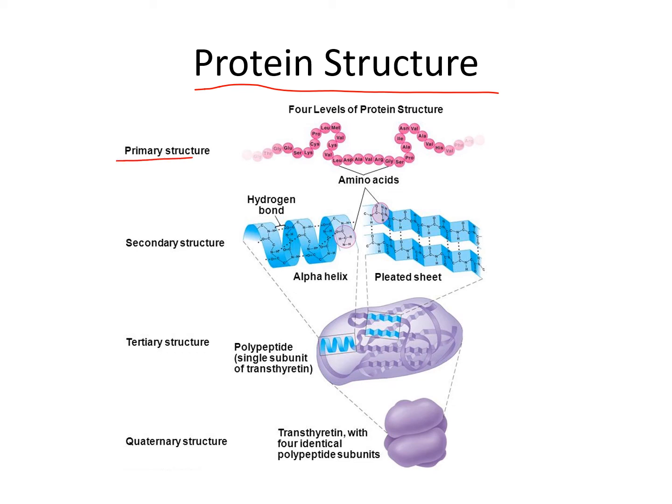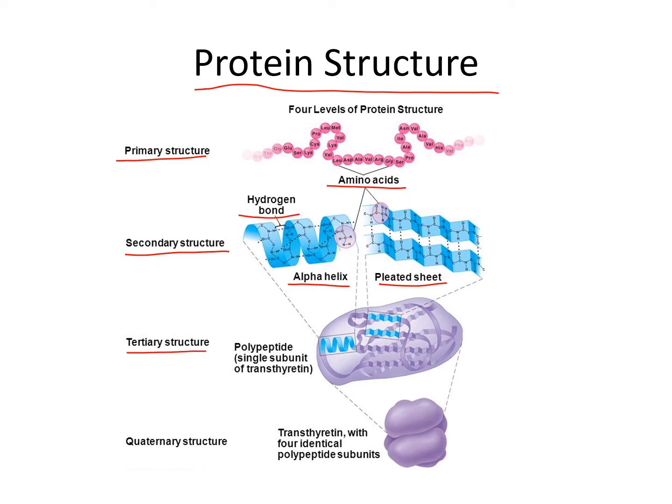The primary level of structure is the sequence of the amino acids in the polypeptide chain. Secondary structure involves how that initial chain starts to fold on itself, either in an alpha helix or a beta pleated sheet, and that all relates to the formation of hydrogen bonds between the amino acids.